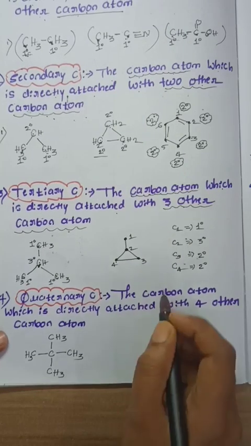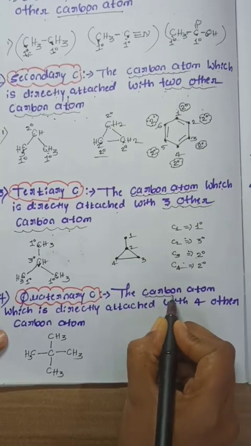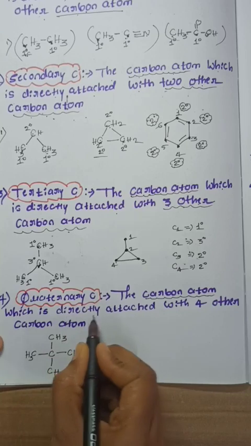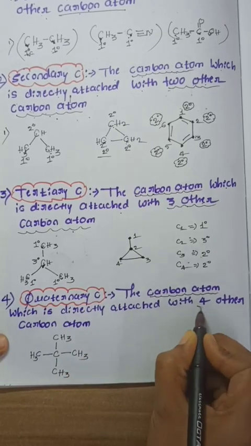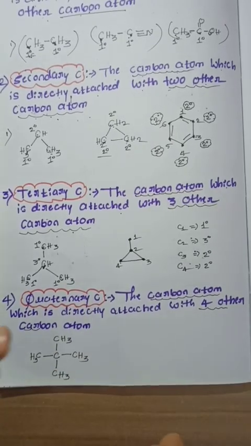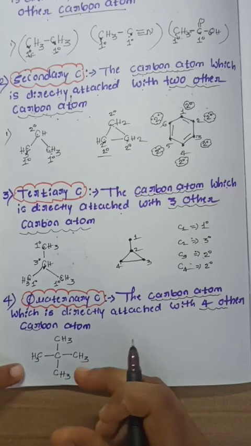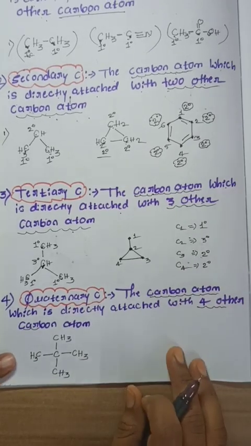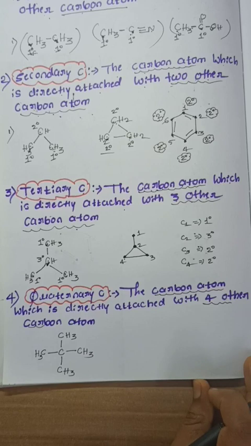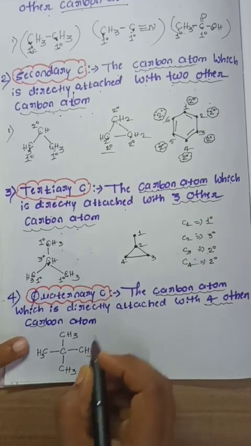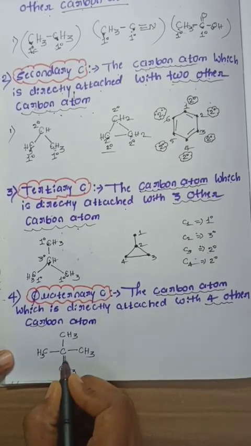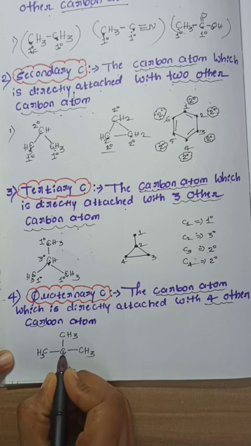Quaternary carbon means what? This is also very simple: the carbon atom which is directly attached with four other carbon atoms, means the central carbon should be directly attached with four other carbon atoms, that one we call quaternary carbon atom. Here is an example: this is a central carbon.